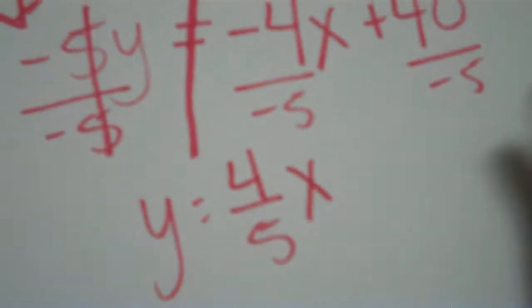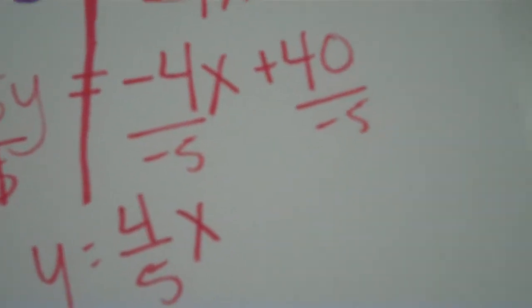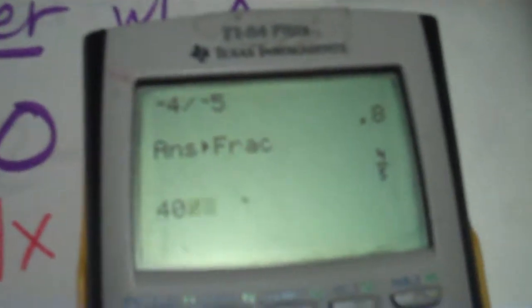And I get a decimal, but remember, I want fractions. So math, enter. And that is, it's hard to read, but that says 4/5, and it's positive. So positive 4/5. Do not forget your x. That is very, very, very important. And then we put a positive 40 divided by negative 5. So 40 divided by negative 5 is negative 8.